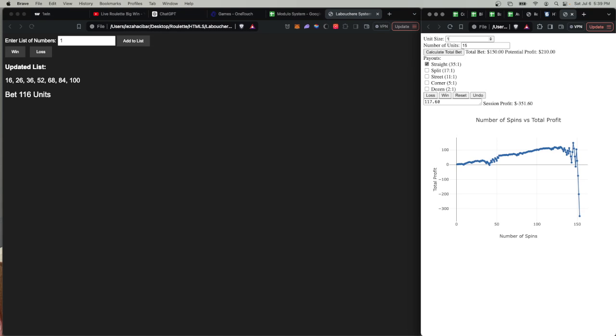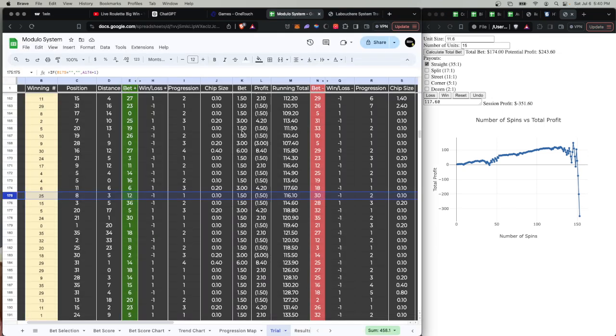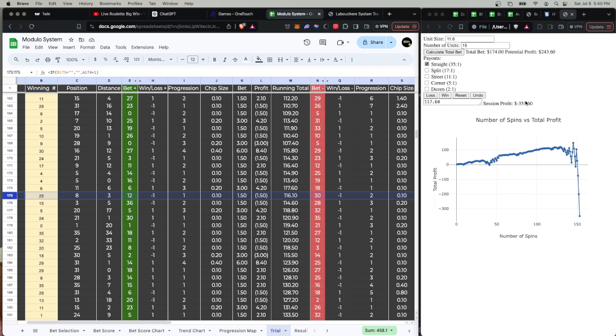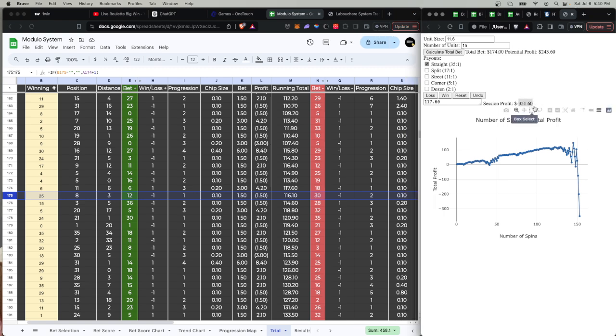So when it says 116, that'll be 1160. Let's see if it recovers. We're currently down 351.60.